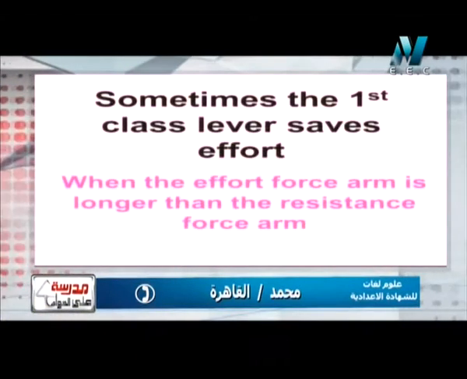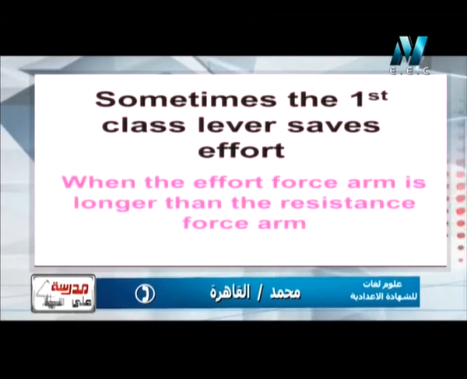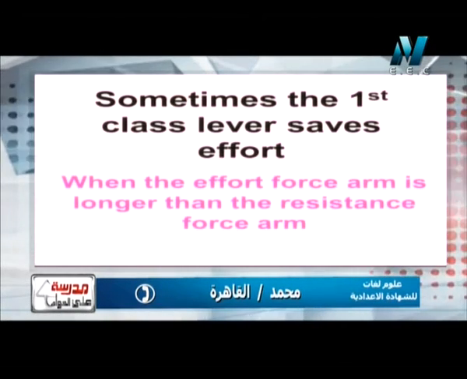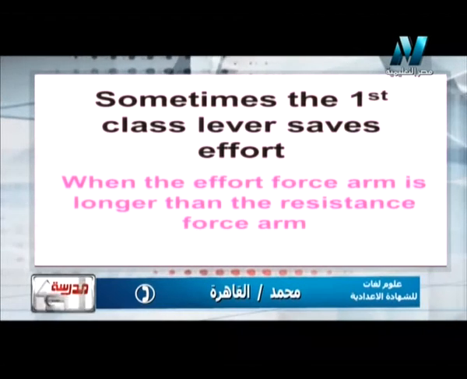Because the effort force arm is longer than the resistance arm? No, not longer. Equal to. Muhammad, the question says here, sometimes the first class lever saves effort. Because the effort force arm is longer than the resistance arm. When the effort force arm is longer than the resistance arm.